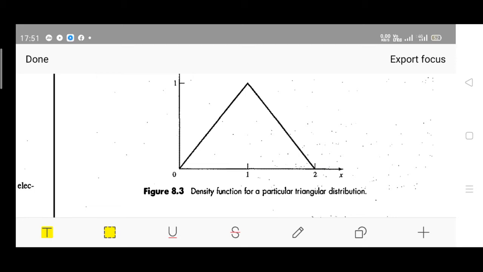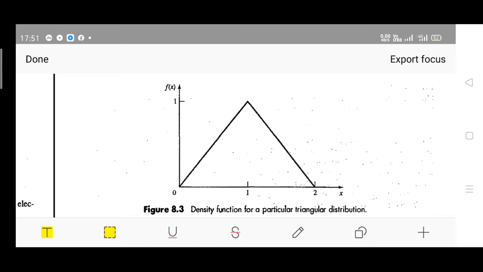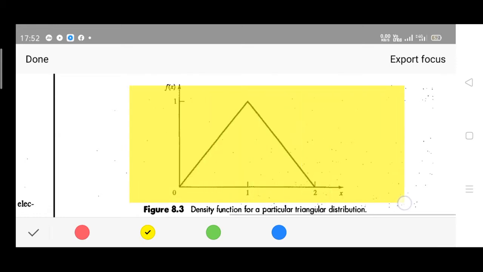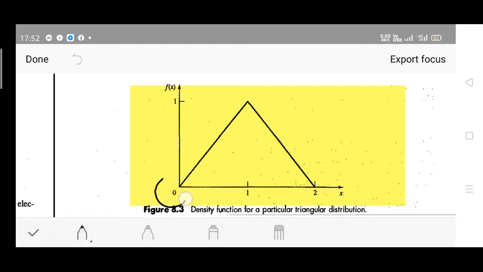Fine. You can see the diagrammatic representation of the probability density function, the PDF, that is small f of x, for the triangular distribution. See three different ranges of values we are considering: 0, 1 as well as 2.